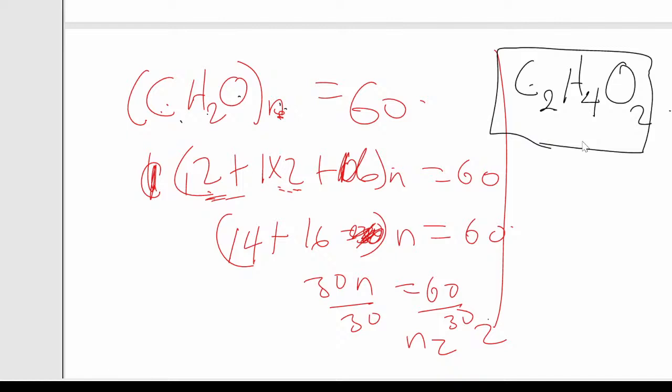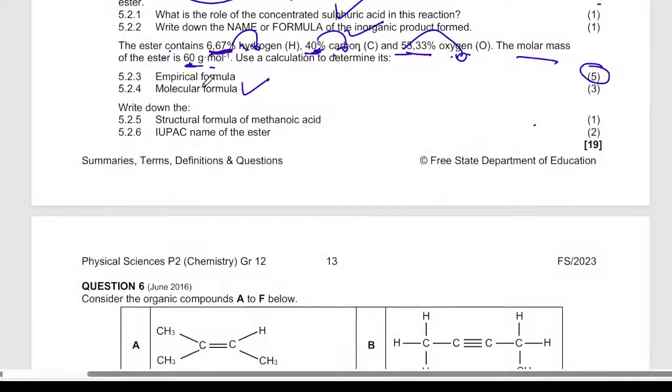So it means that they used methanoic acid and the methanol. That's why you have 1 carbon atom from the alcohol and 1 carbon atom from the acid. But they didn't ask you those questions because the question was just open.